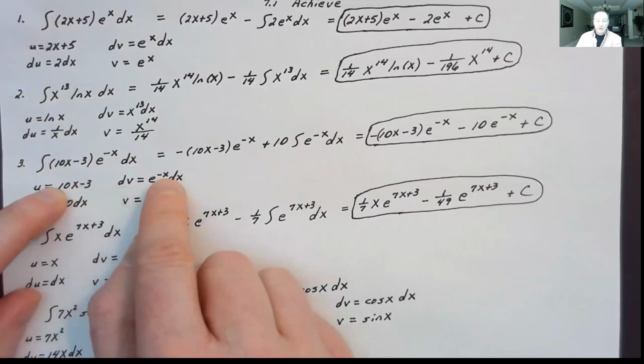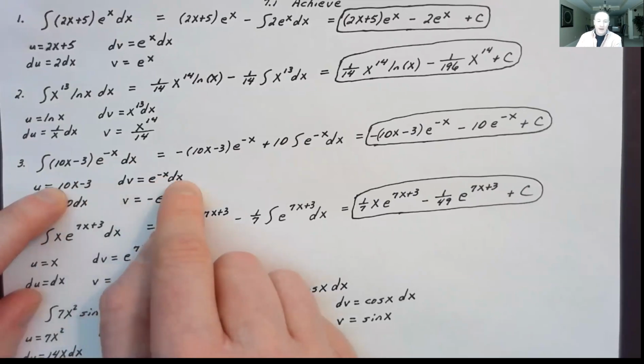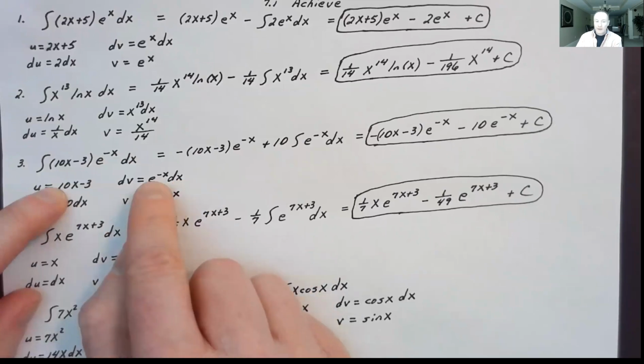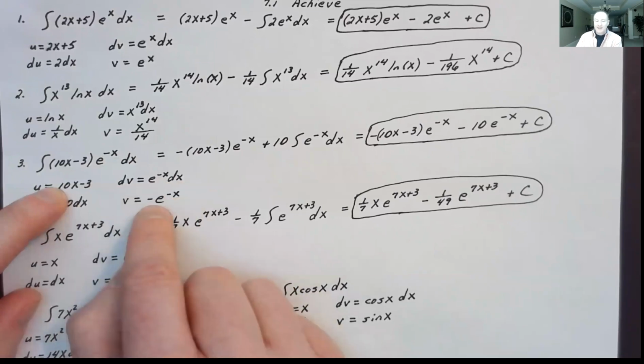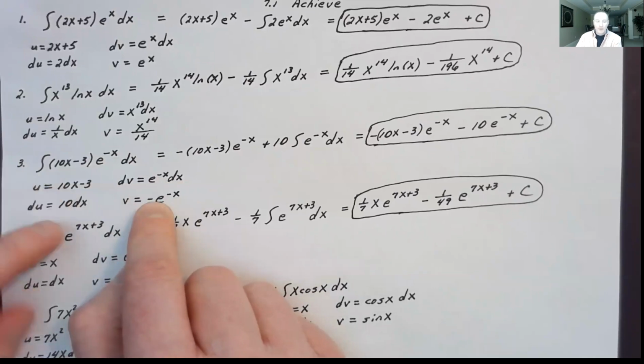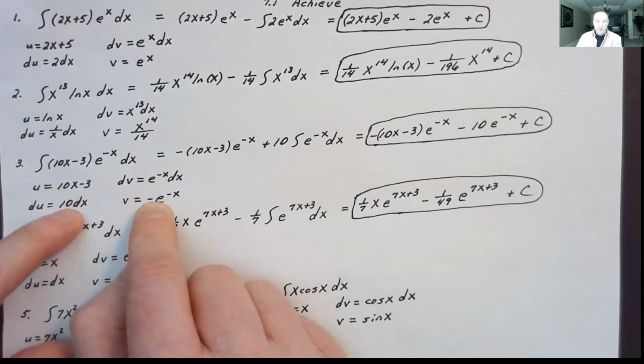So that exponential function e to the negative x dx becomes my dv. I integrate that, and I know that the integral of every exponential function is that exponential function divided by the derivative of its exponent. Well, when I divide by -1, it's the same thing as multiplying by -1. Over here, du is just 10 with respect to x.